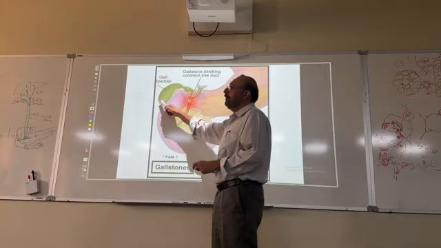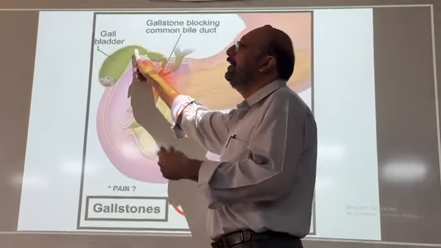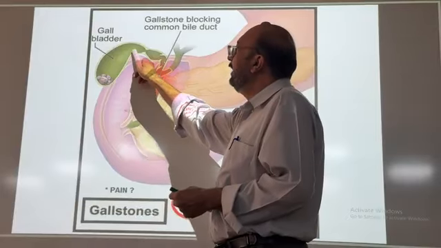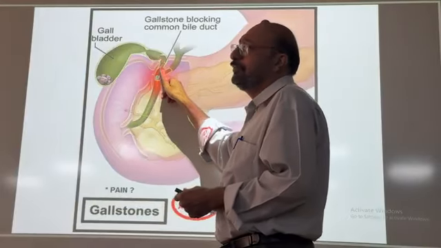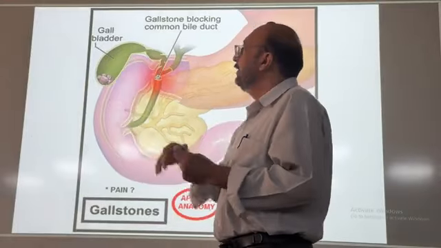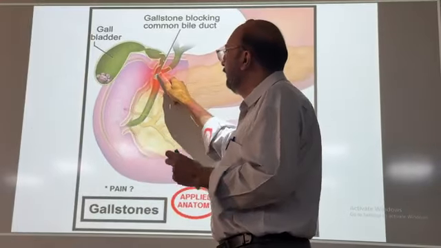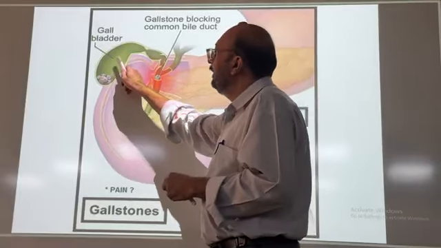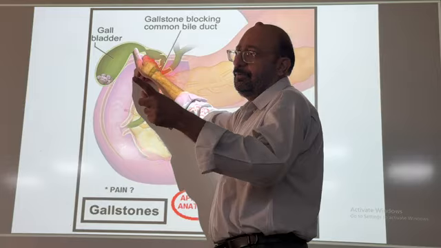Once the stones are formed, unfortunately, initially they stay here. If the stones are small, they have a tendency to pass through the cystic duct. They may be stuck in the cystic duct, or they may be passed with the pressure into the common bile duct, and then they can get stuck. So they can get stuck in the Hartmann pouch.